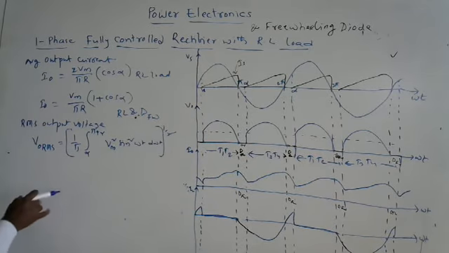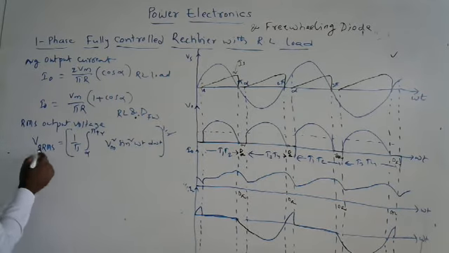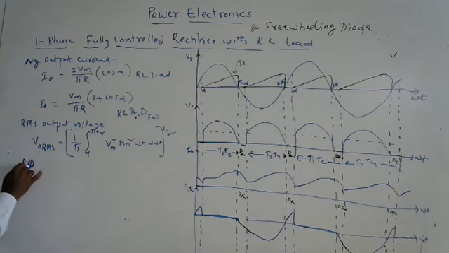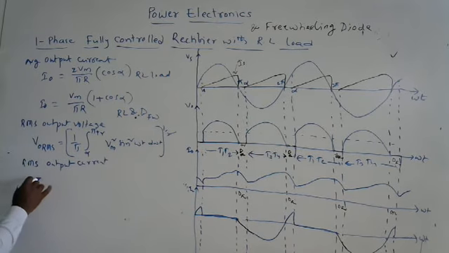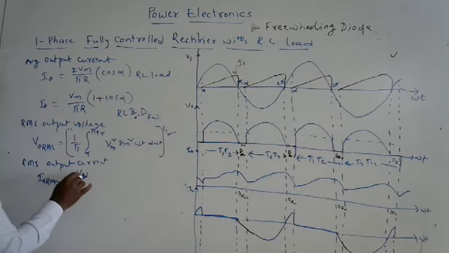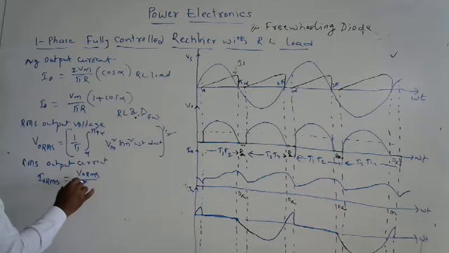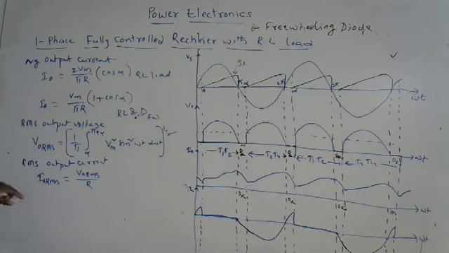So after solving this equation with different trigonometric methods, we are getting one equation, right? With this we can write RMS output current, that is I naught RMS is equal to V naught RMS upon R. Very simple. Once you got this equation, it's very easy to write the equation for RMS value.